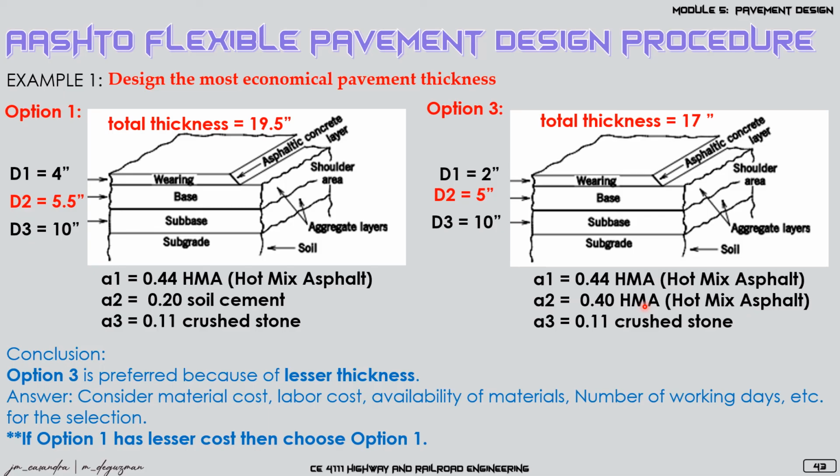So kahit lesser si option 3 in thickness, pero kung mas mura si option 1 ang gagamitin natin. So in design, for an economical design of our pavement thickness, it should follow the computed structural number. Tapos, we will choose the lesser thickness or which is cheaper.